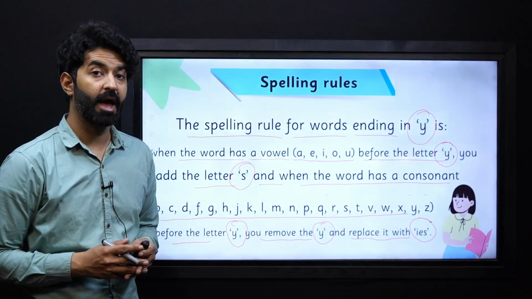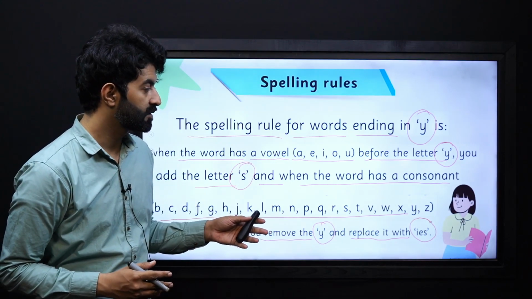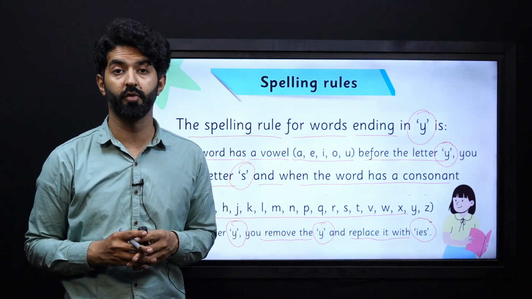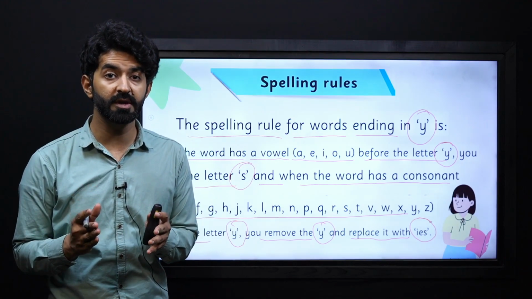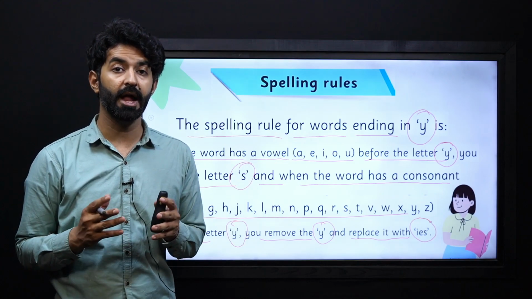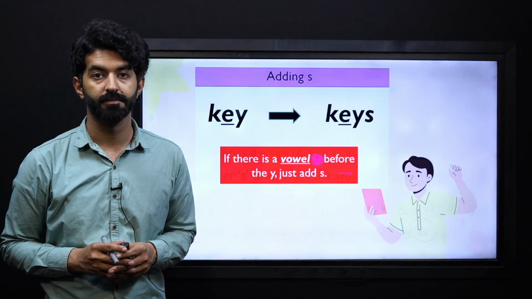So if you have a vowel before Y, you add S, but if you have a consonant before the letter Y, you add IES. My dear learners, note these rules down. It will help you pluralize any singular noun.